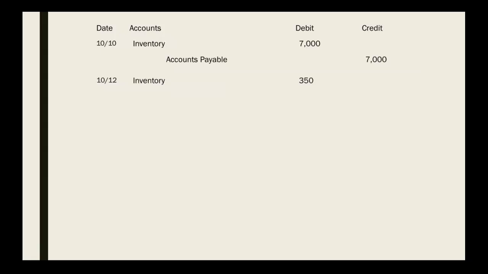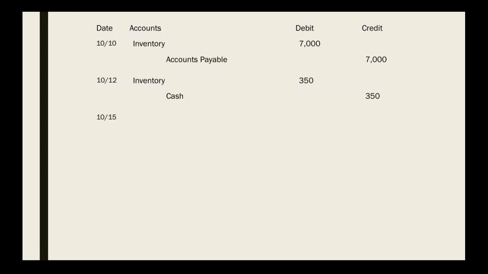So the buyer is going to count shipping costs under inventory. So our inventory gets debited $350. Now, how are we paying for the shipping costs? Well, we're going to use cash because it tells us that Jones paid the freight costs on this day, meaning they used cash to pay those costs right now.